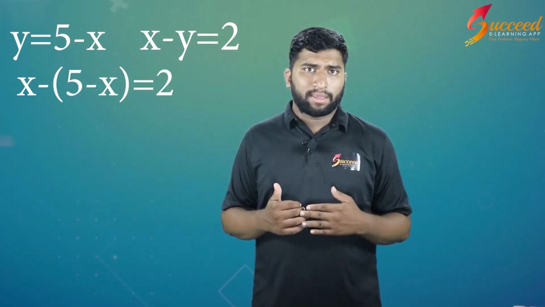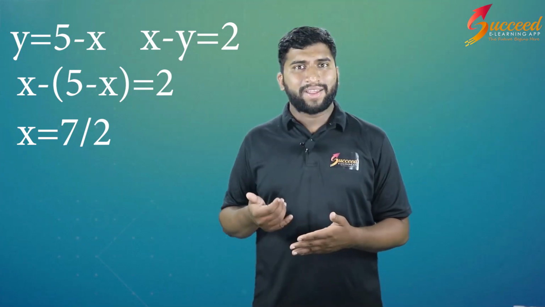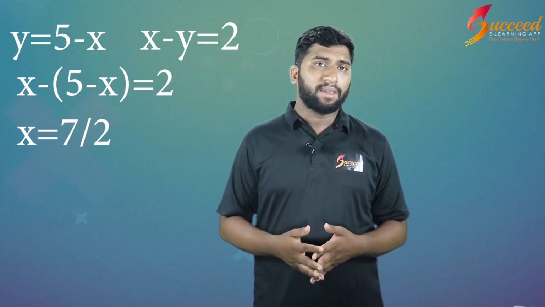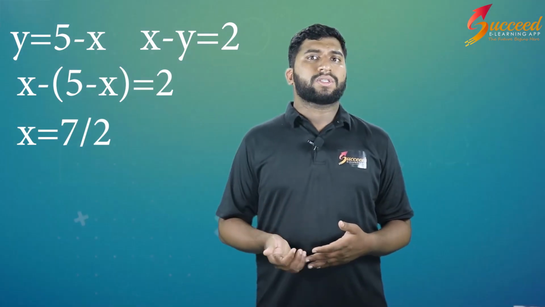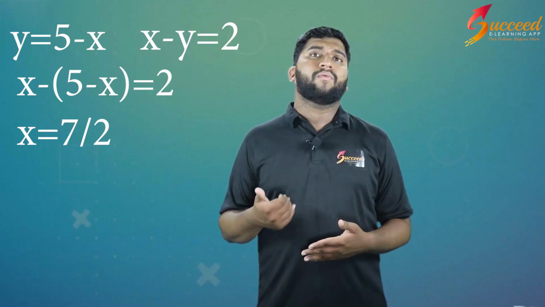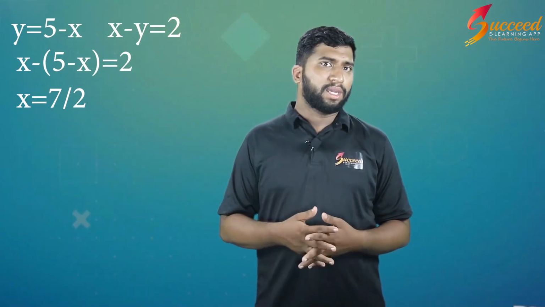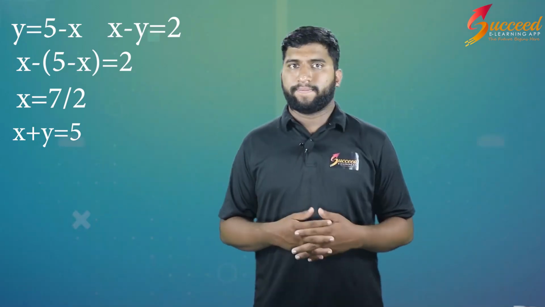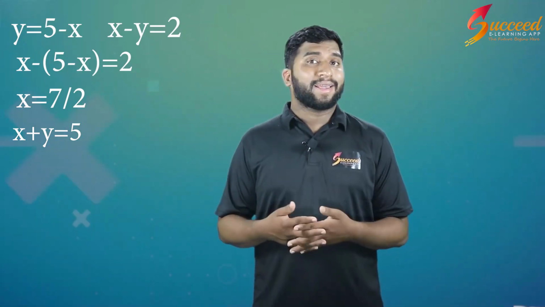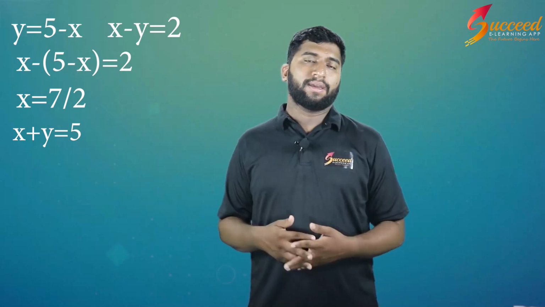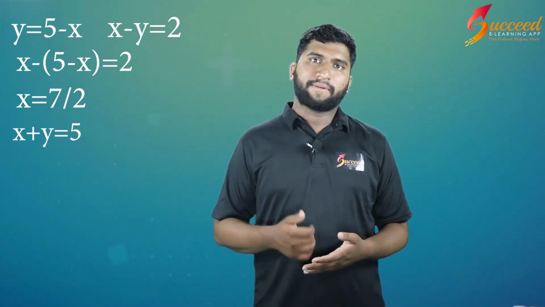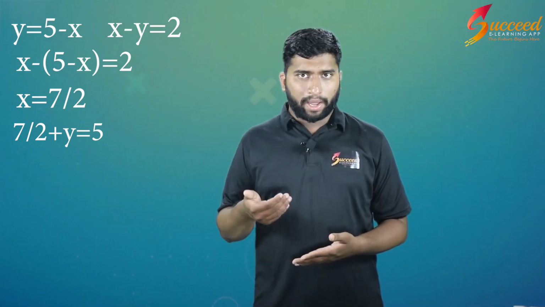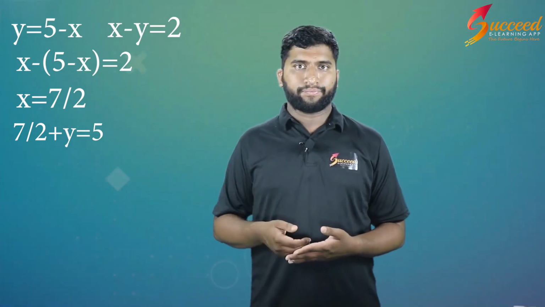I will get the x value as 7 by 2 by solving that particular equation. Similarly, we have to substitute the same x value in any one of the equations. For example, here I will substitute in x plus y is equal to 5. Instead of x I am going to write 7 by 2. So what does it become? 7 by 2 plus y is equal to 5.